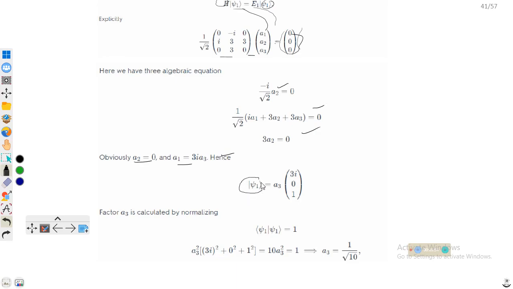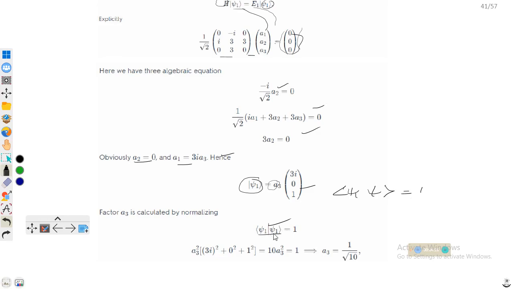So our first eigenvector will be A3 times (3i, 0, 1). For finding the value of A3, this leads us to the normalization condition, because for psi 1 with psi 1, the probability should be equal to 1.